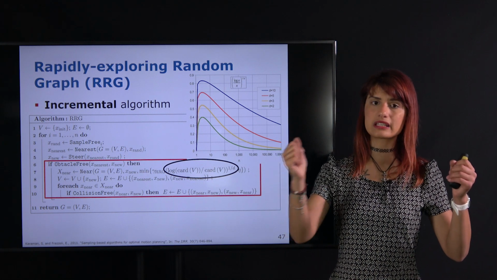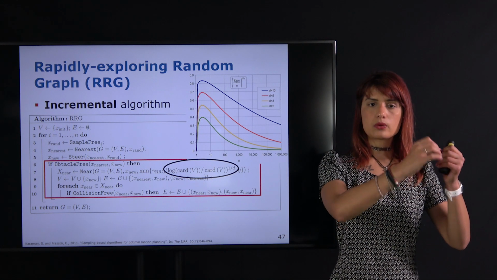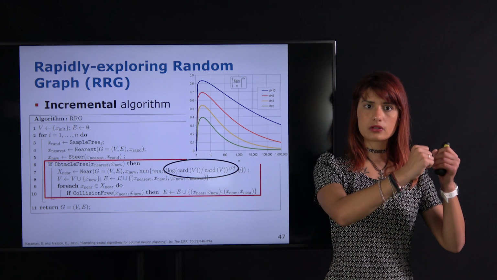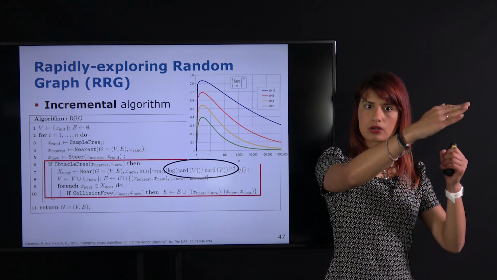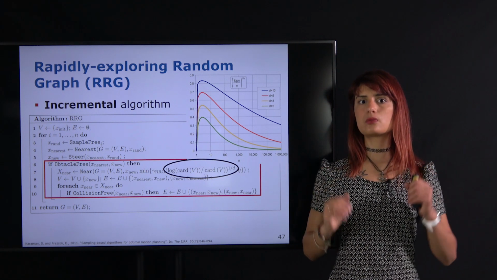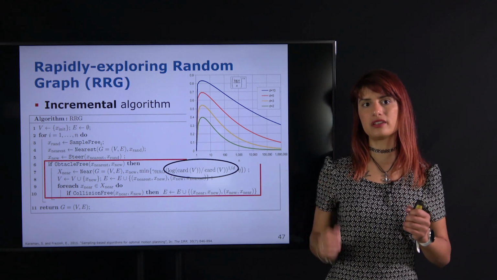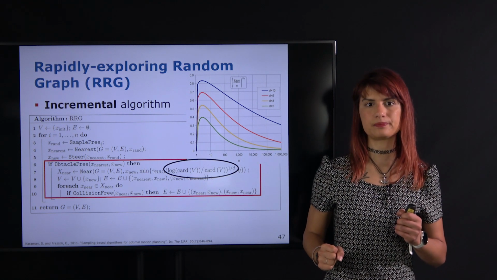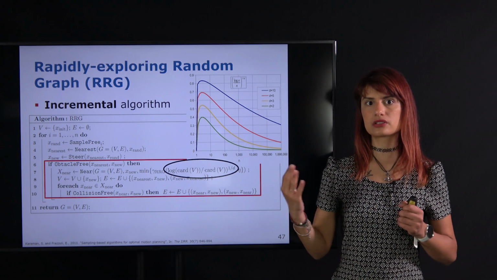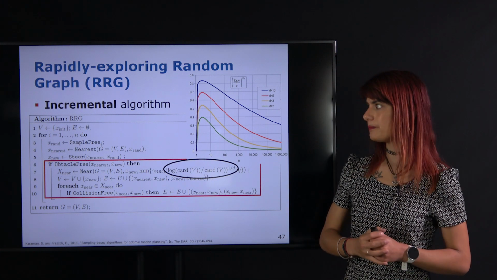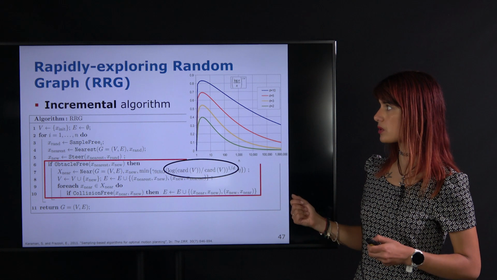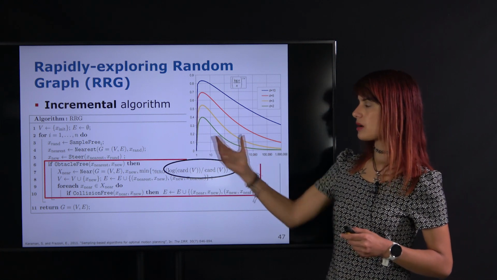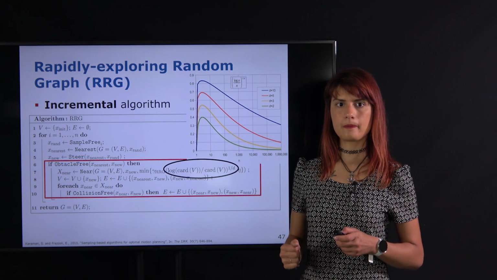It's much easier in the case of the RRT when we have one node, one configuration, and we sample control inputs to see where we can go next. And that will define our next configuration, the way that we actually integrate these equations of motion. And that is one drawback of the rapidly exploring random graph.